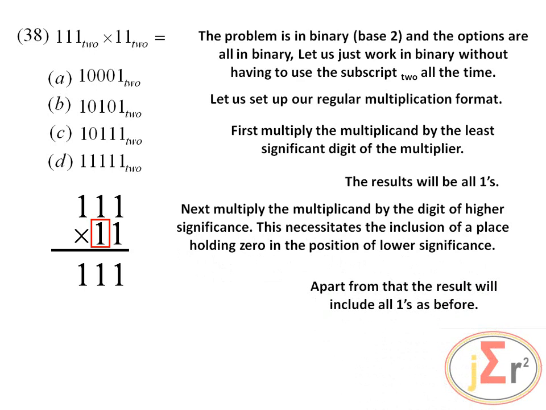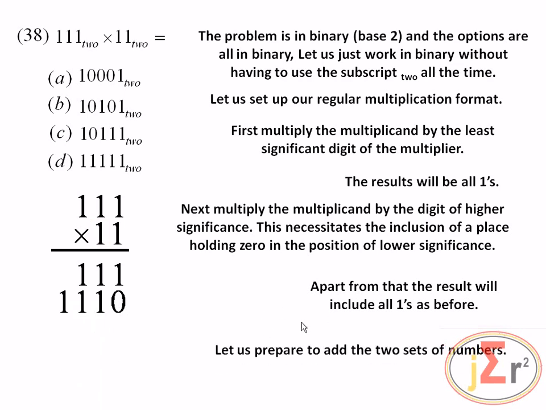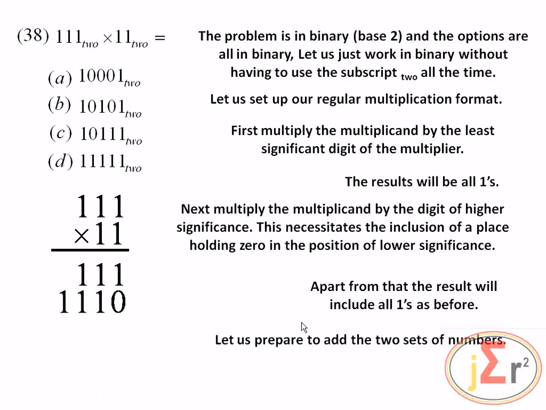So apart from that, the result will include all ones as before. There we have it, all ones, but we need to have this 0 in the position of lower significance. Let us prepare to add the two sets of numbers as usual.